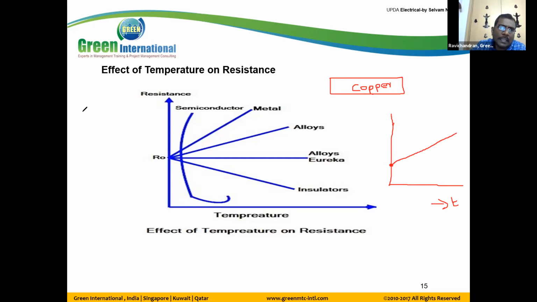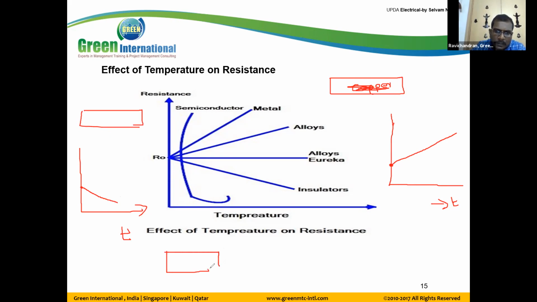And I take another metal. We forget about the copper. Here at the temperature, we have some resistance value. As the temperature increases, the resistance value is decreasing. And we have another one. At 0 degrees Celsius, it has some resistance value. The last one we will discuss later. Now we take these two.